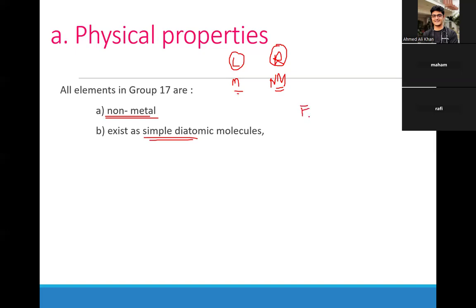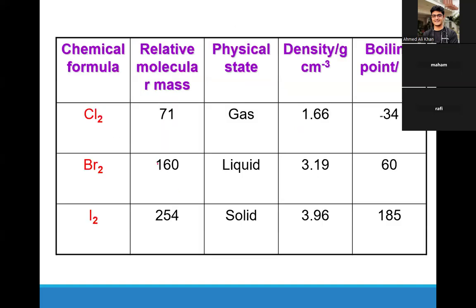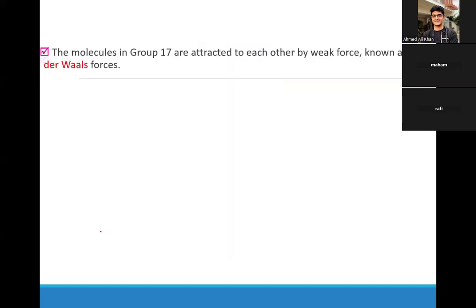So they'll always exist as F2, chlorine gas will always exist as Cl2, and bromine gas always exists as Br2, because it makes them more stable. So they have the chemical formula X2. This is the chemical formula in the diatomic state: Cl2, Br2, I2. They all exist in a diatomic state.